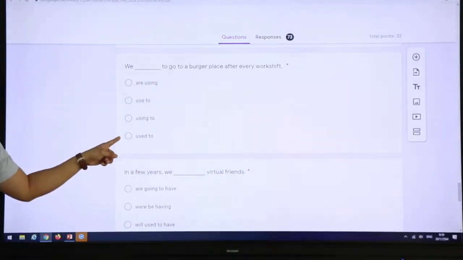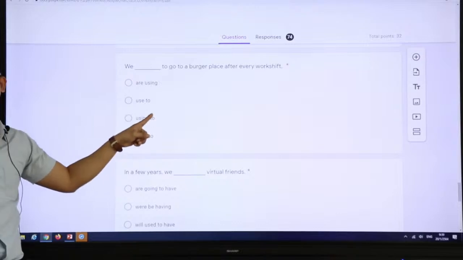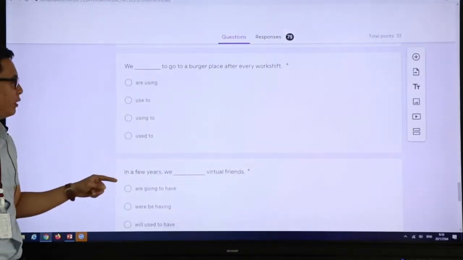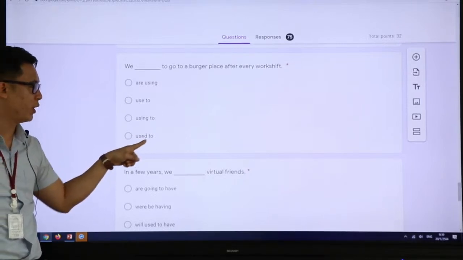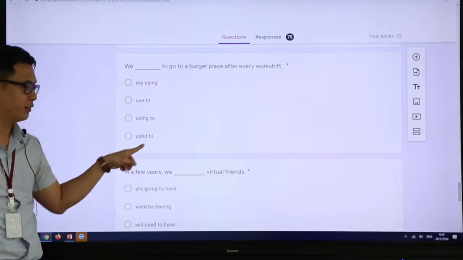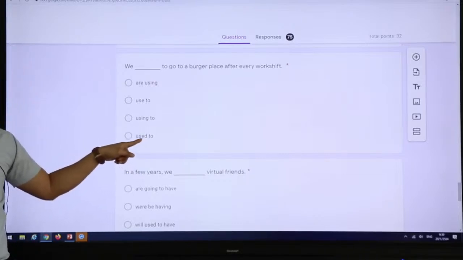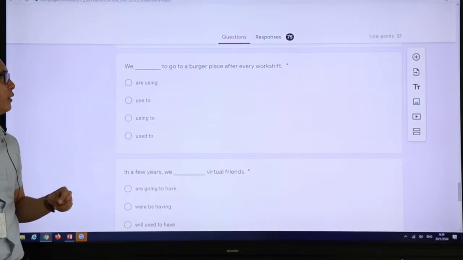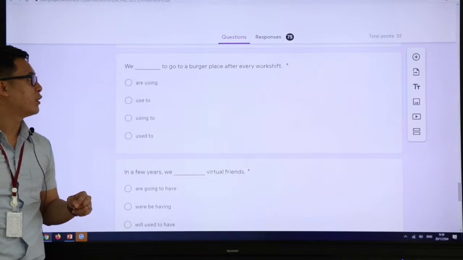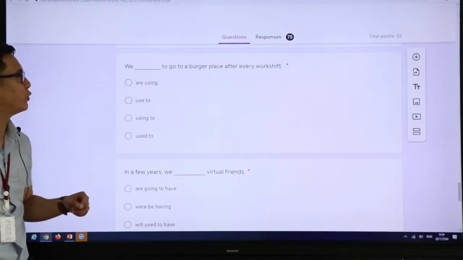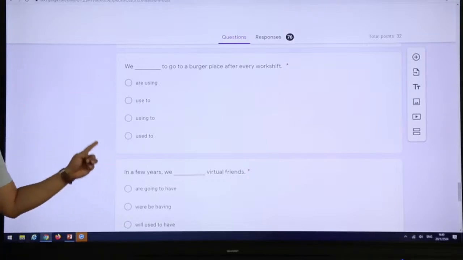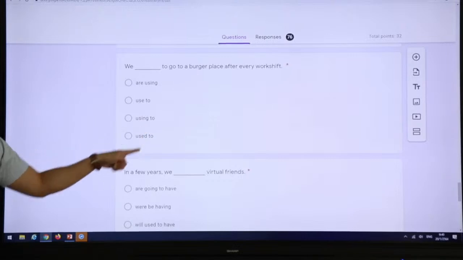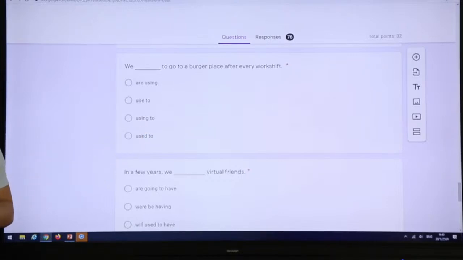The last option, used only. We don't have the word to. This is a typo error. Disregard the word to here. The option is only used. Okay? So we used to go to a burger place after every work shift. So what is the answer? Disregard the word to. Okay, last one.